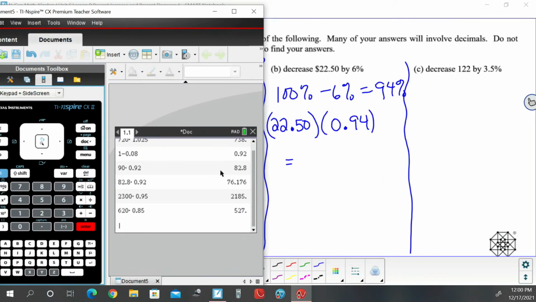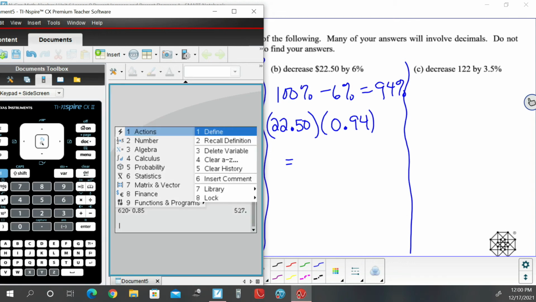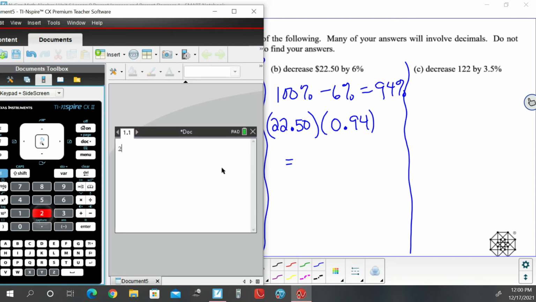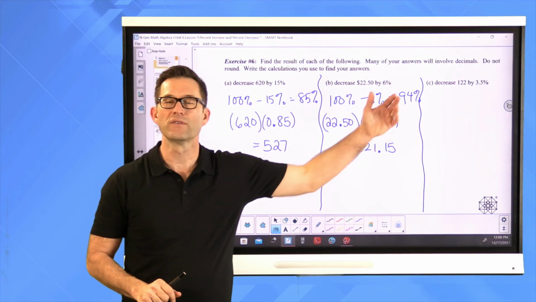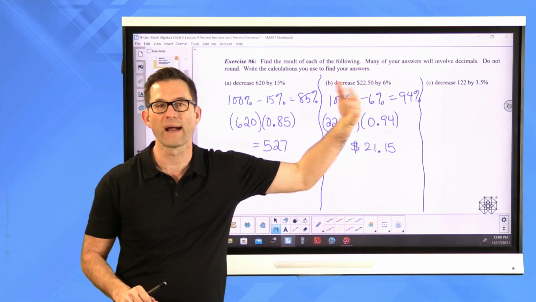Let's do 2250 times 0.94. Yep, and that gives me 2115.